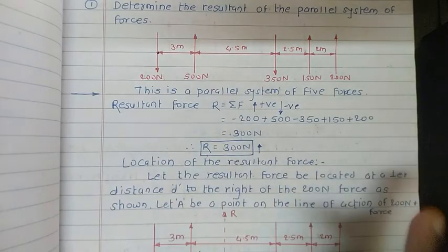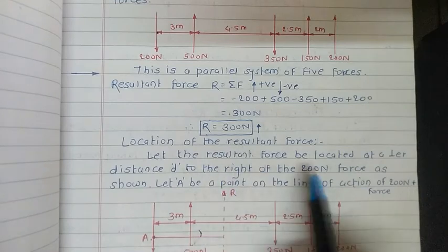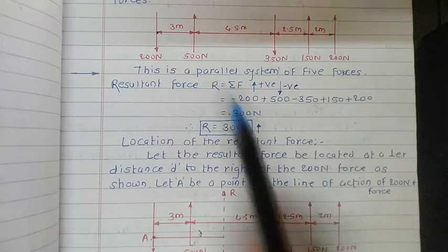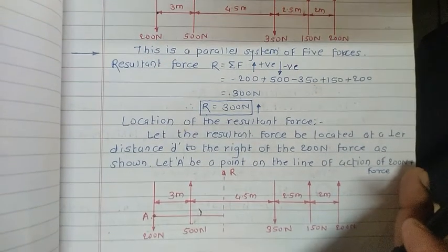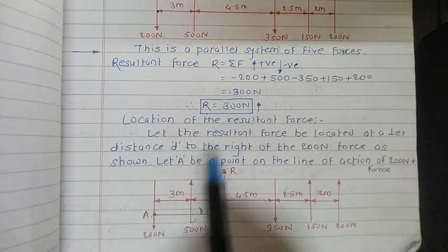So here is our assumption: let the resultant force be located at a perpendicular distance d to the right of the 200 Newton force. The 200 Newton force is here. This diagram is drawn here as it is, and we assume the perpendicular distance here. Let us see once again.